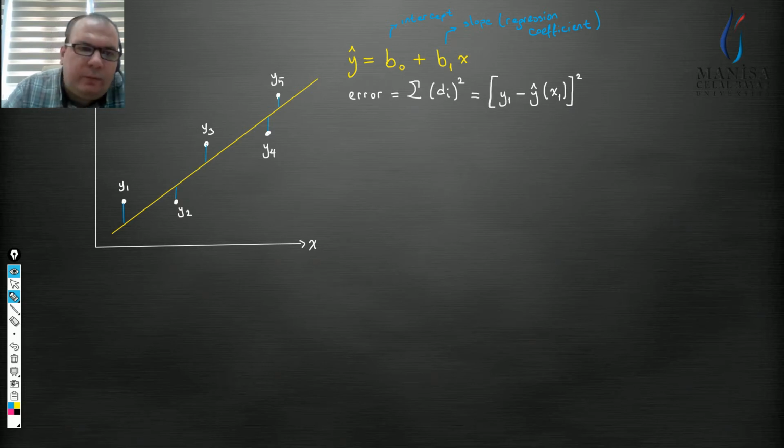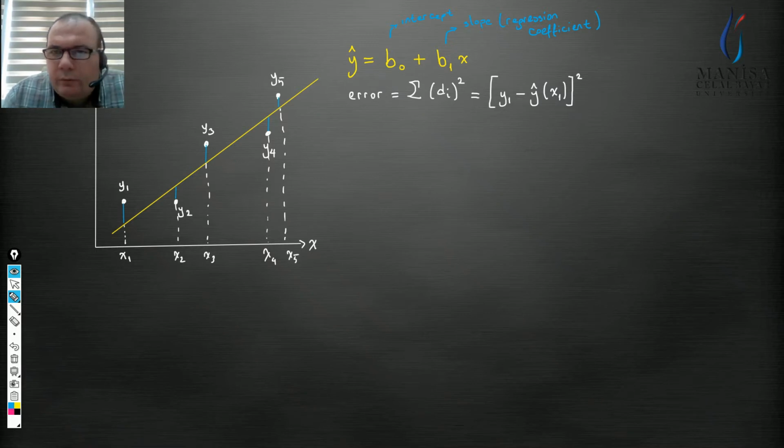This is the first error. This is x1, this is x2, this point is x3, this is x4, and this is x5.